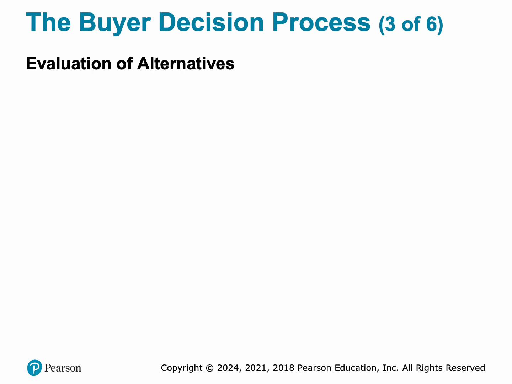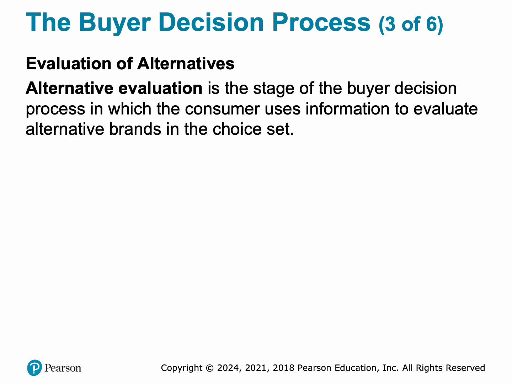So evaluation of alternatives. Once consumers arrive at a set of alternatives, in the buyer decision process they start to evaluate alternatives, right? So I get my eyes set on a BMW.